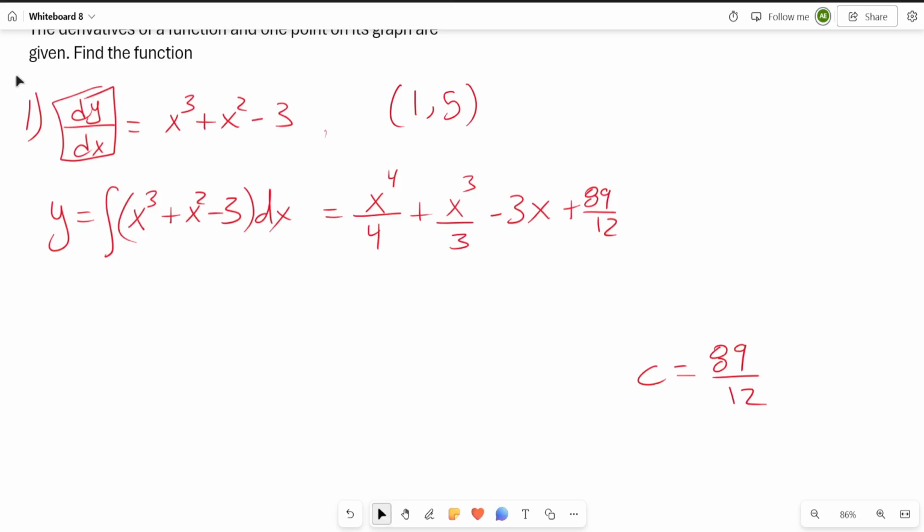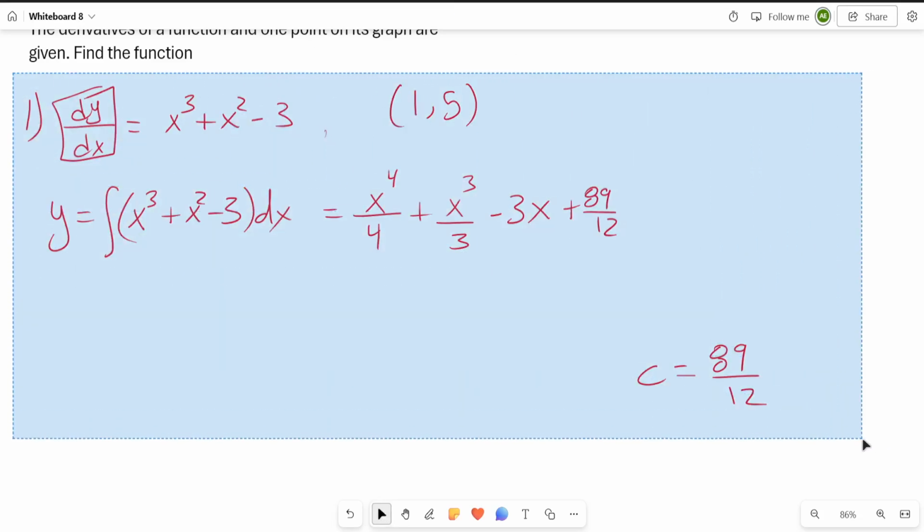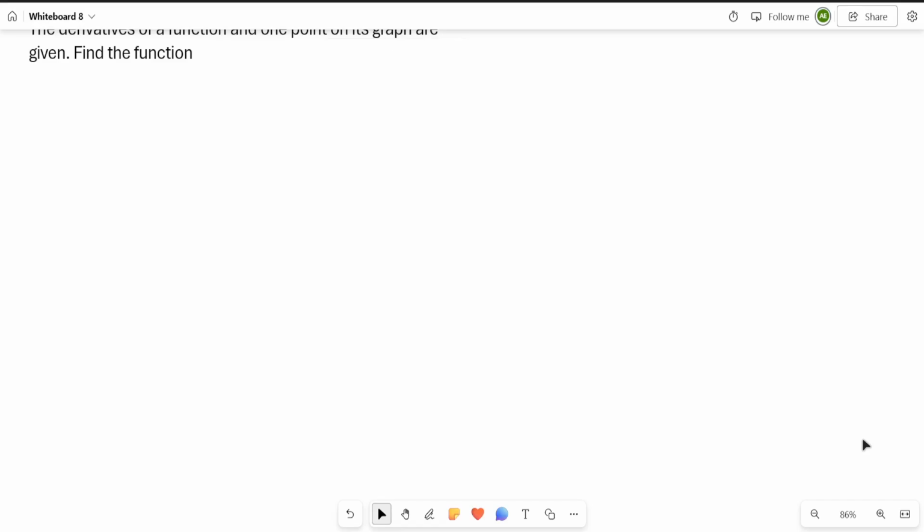Okay, let's take another example. Let's say we are given dy by dx, or y dash, same thing, as 2x squared plus 2x, and we're given a point on that original function as 2 and 0. So let's find y.